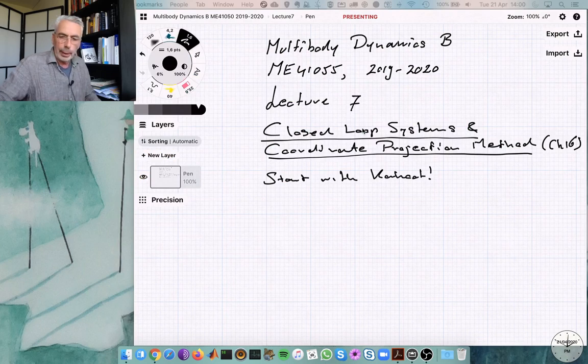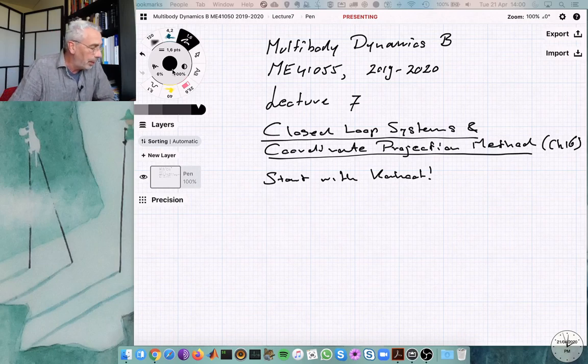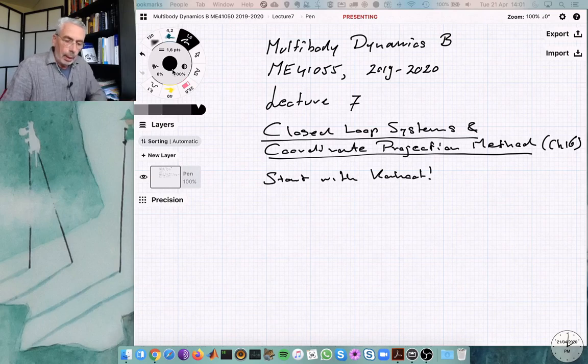And then we come back to the topic of today: closed loop systems and the coordinate projection method. Last time we used a method with independent generalized coordinates, and there were two ways to do that.